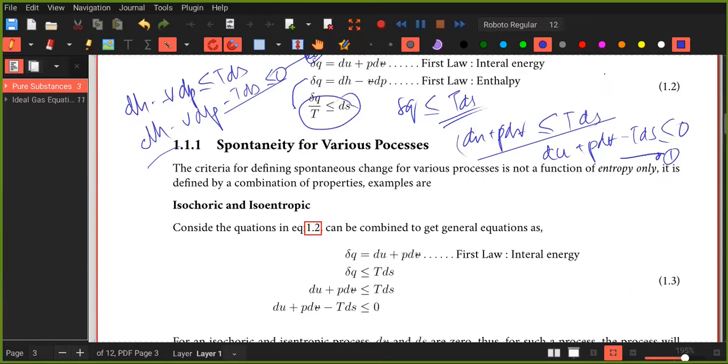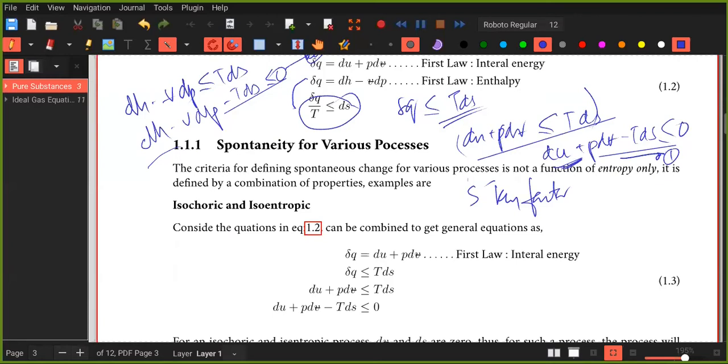When we dealt with entropy, we said entropy, or S, is a key factor in deciding in which direction a process may go. Here we have written two equations by combining the first law and second law, which give us a better idea of what parameters decide the direction that a process may go.